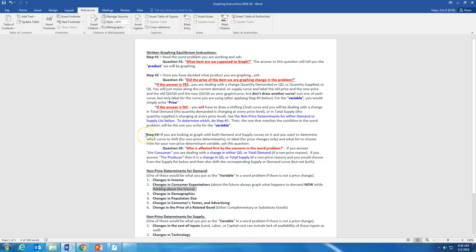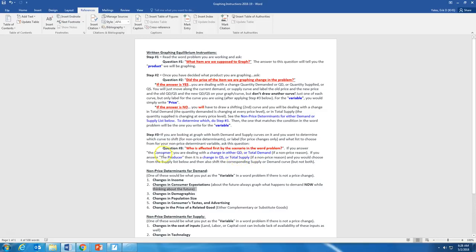So in order to understand that, we're going to add this third step, and this is where we simply ask a question. Who is affected first by the scenario in the word problem? If you answer the consumer, you're dealing with a change in either quantity demanded or total demand, if it's a non-price reason. If you answer the producer, then it's a change in quantity supplied or total supply, if it's a non-price reason, and you would choose from the supply list.